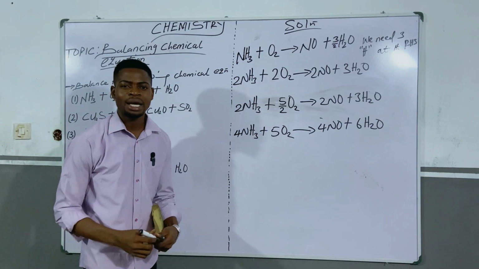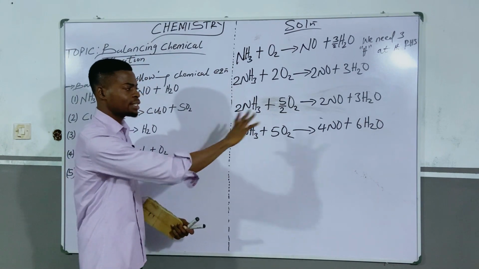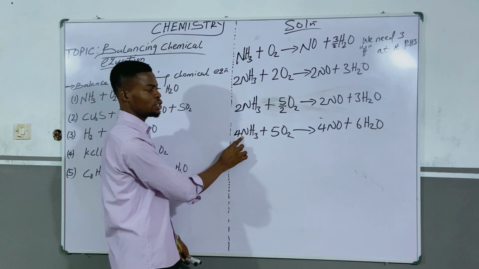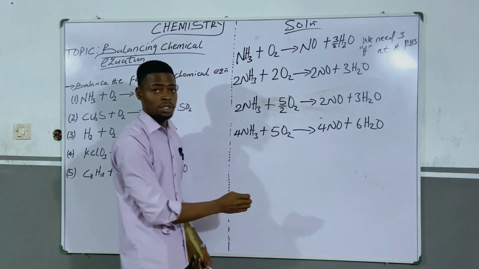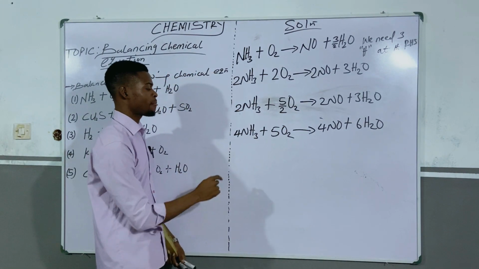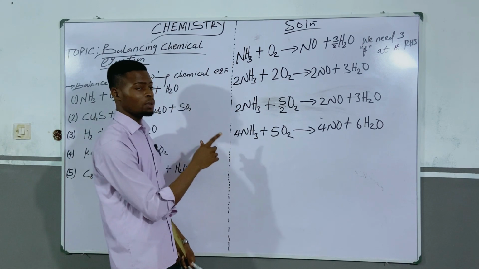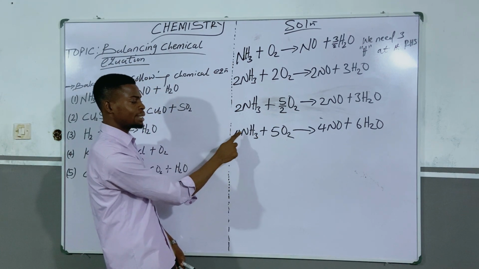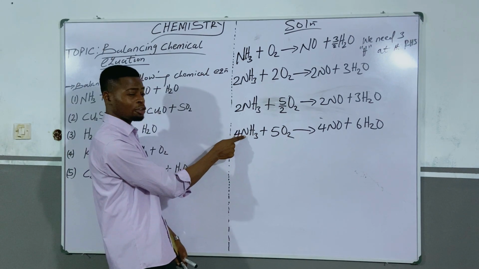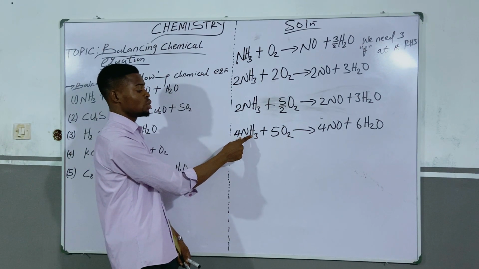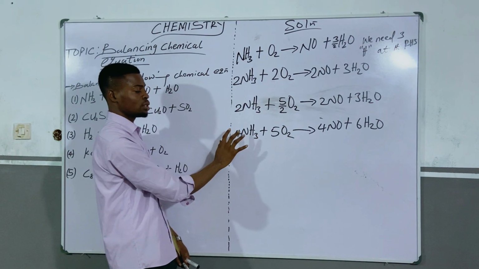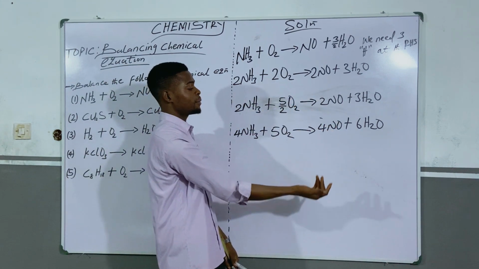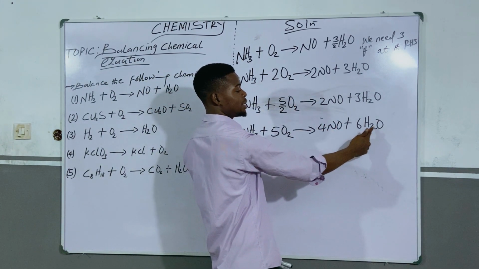Check, do your atomic count, then you will discover that everything is now balanced. Let's check. Nitrogen, we have 4 nitrogen here. We have 4 nitrogen here. Nitrogen balanced. Then coming to hydrogen, we have 12 hydrogen here. That is 3 times 4, because this 4 is going for nitrogen and hydrogen as well. Let's check the number of hydrogen there. This times this is 12.